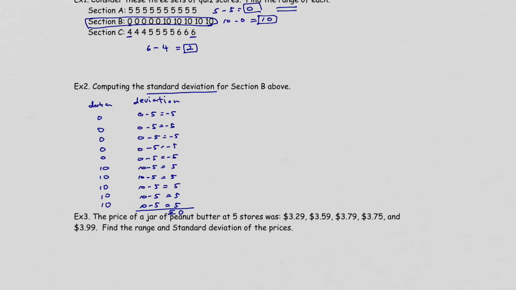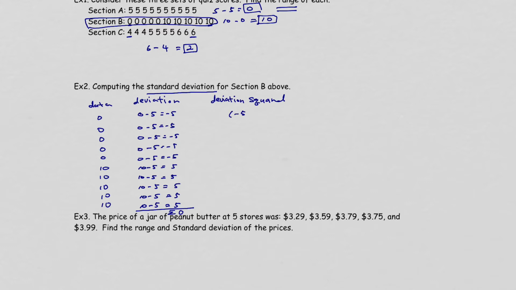So the next thing we need to do is square your deviations. That way, your sum is not going to be 0.